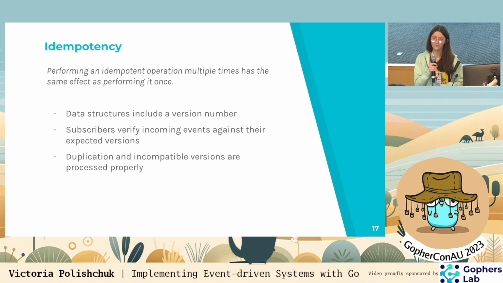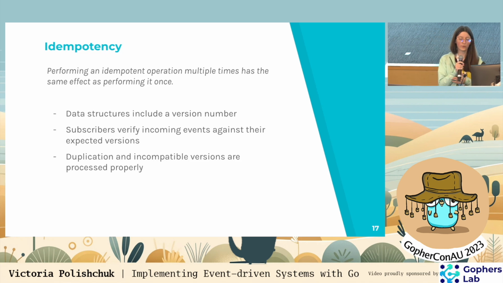Idempotency. It's important for operations to be idempotent in event-driven systems. What does it mean? It means when we perform an operation multiple times, it will not cause a different result after performing it more than once, right?